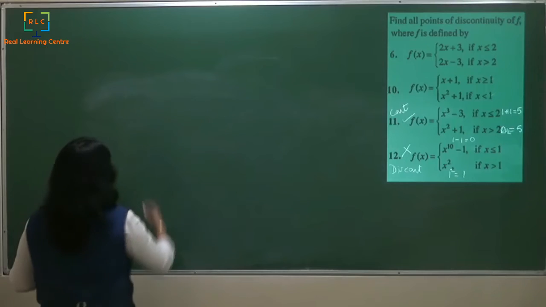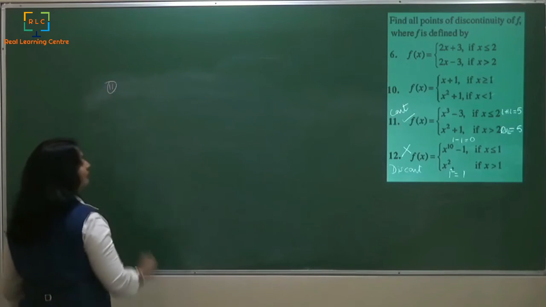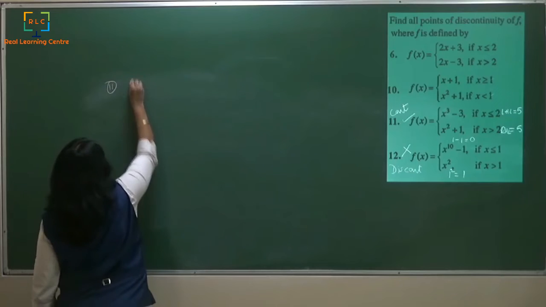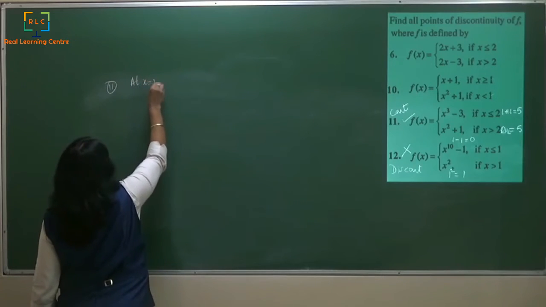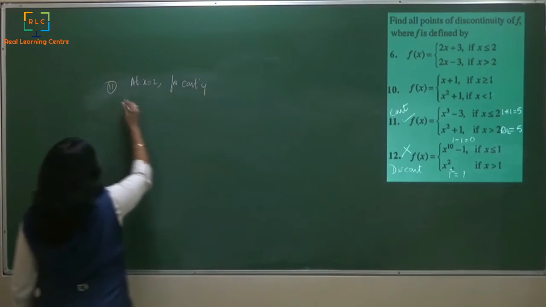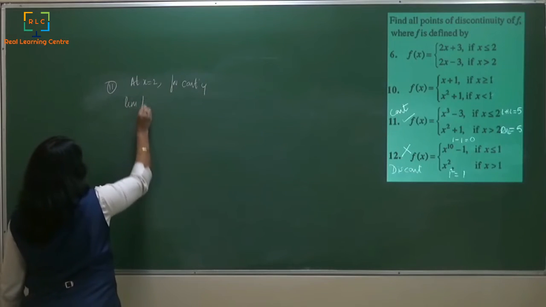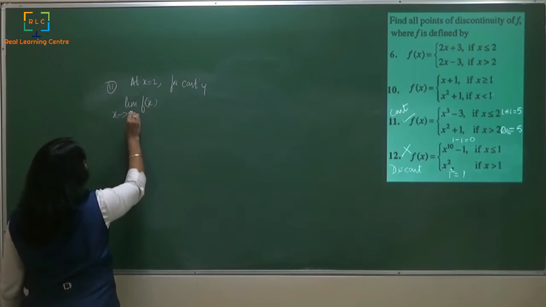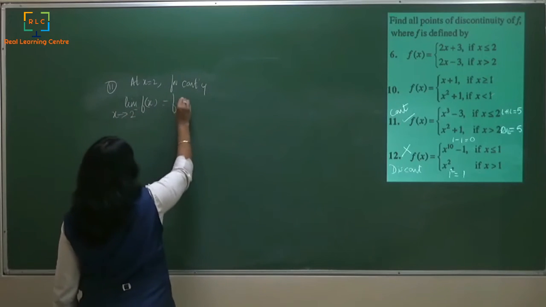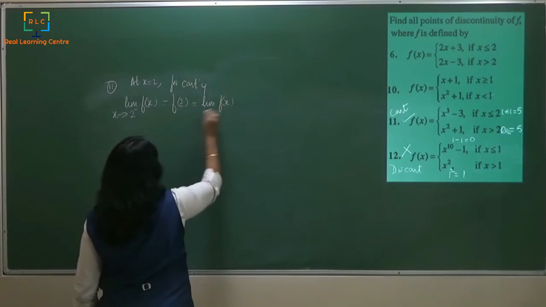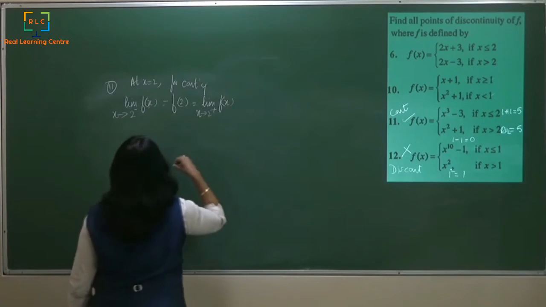So I'll come to question number 11, and I shall discuss at the point x equal to 2. I'll say at x equal to 2, for continuity, limit of f of x as x tends to 2 minus is equal to f of 2 is equal to limit of f of x as x tends to 2 plus.